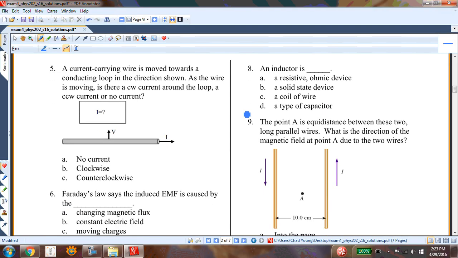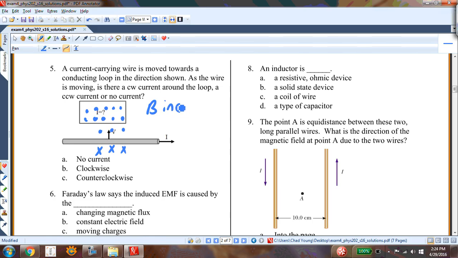Current carrying wires moving towards a conducting loop in the direction shown. As the wire is moving, is there a clockwise or a counterclockwise current or no current at all? So first of all, what is the magnetic field produced by this wire? Well, it's into the page there and out of the page where I have this loop. That magnetic field is increasing.